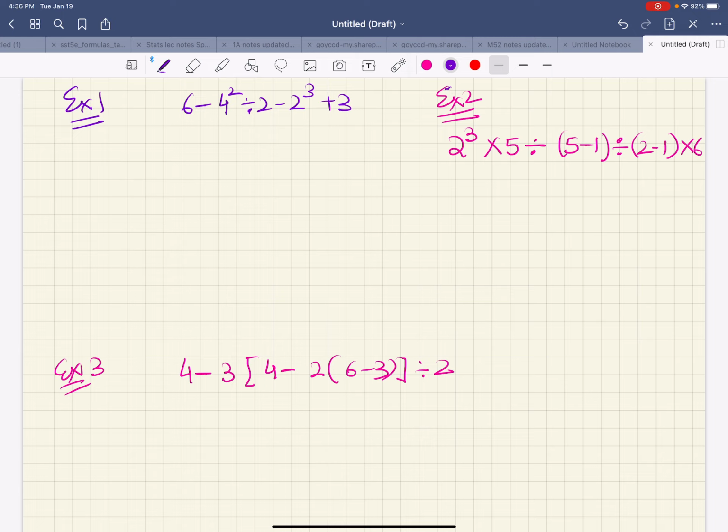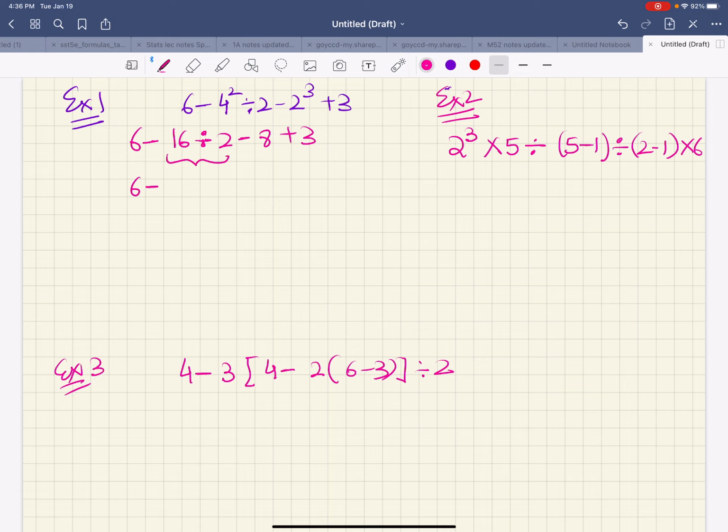So again, the first thing we're going to take care of is the exponents. 6 minus 16, 4 squared is 16, divided by 2 minus 8 plus 3. Next, multiplication or division, whatever comes first from left to right, looks like here.